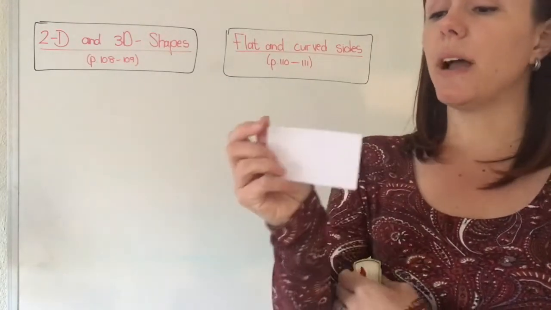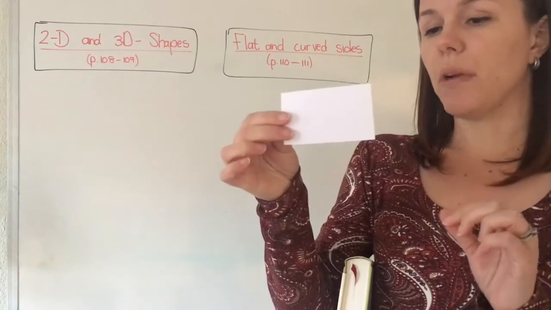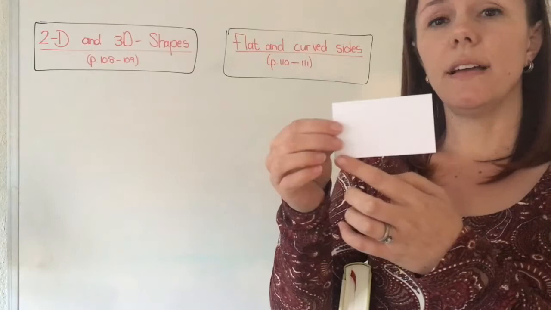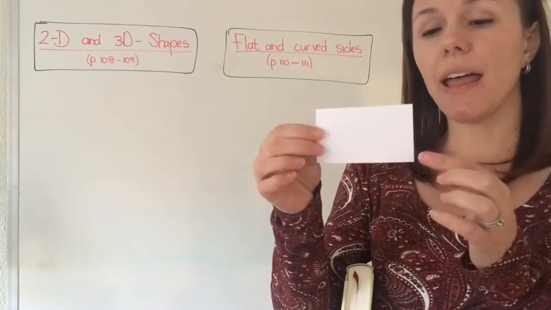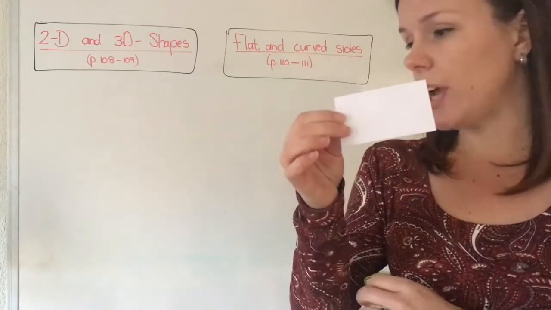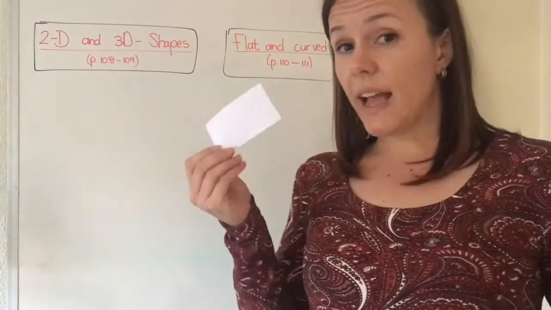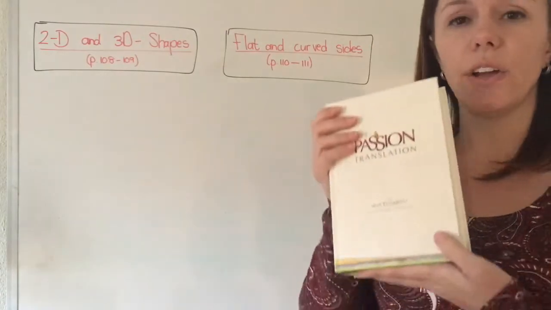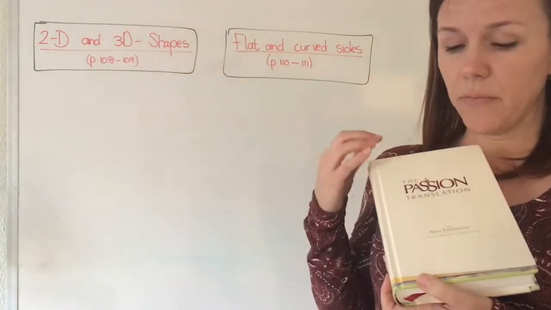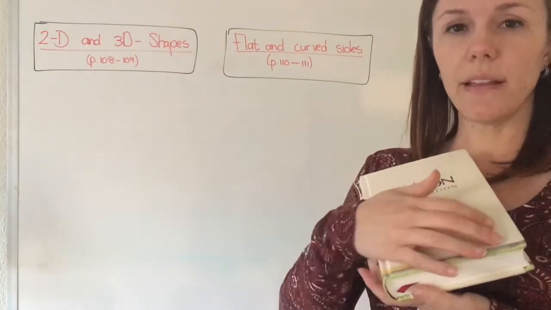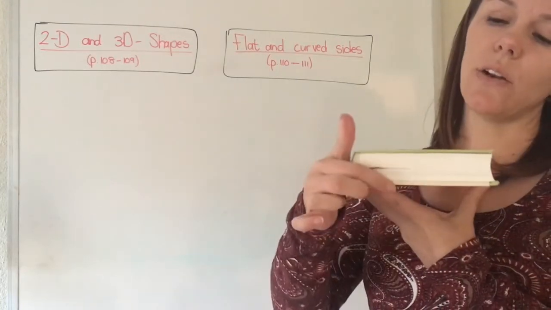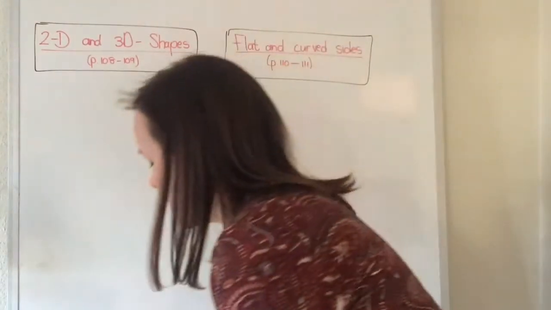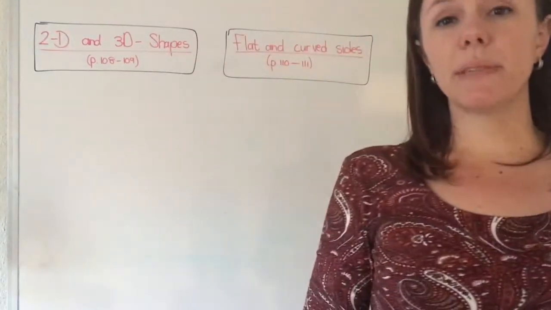Now, if I look at my 2D shape, my rectangle, I can say what is the length and the breadth of this shape. And that's the only thing I can measure in that flat shape. But if I look at this 3D shape, I can measure the length and the breadth. And when I turn it like this, I can also measure the height of it. So that's 2D and 3D shapes.